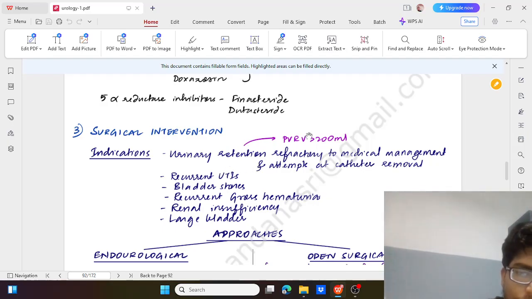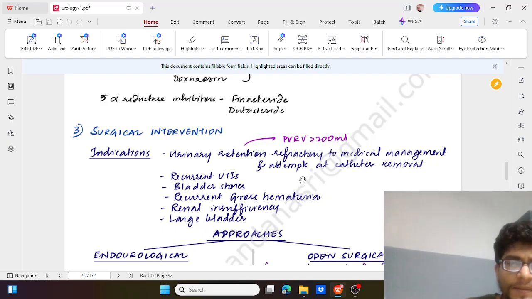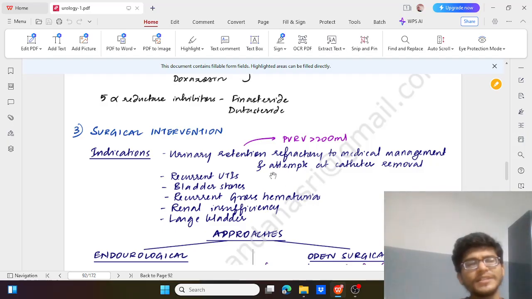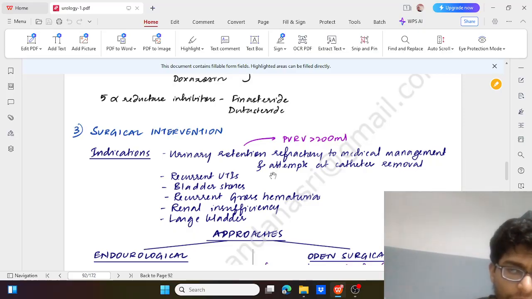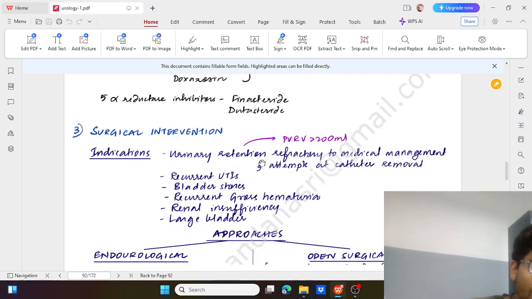Urine retention can also be signified as post-void residual volume more than 200 ml, and attempts at catheter removal are failing. So after removing the catheter, if there is urine retention of more than 200 ml or the patient is having recurrent urine retention, then we will need surgical intervention.